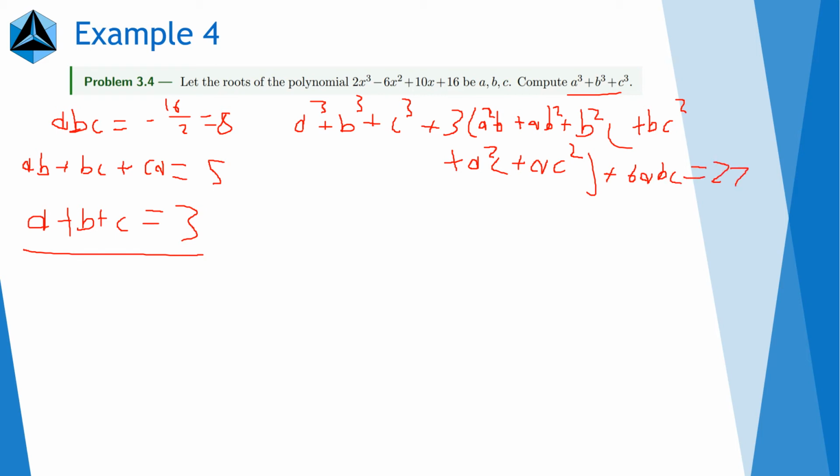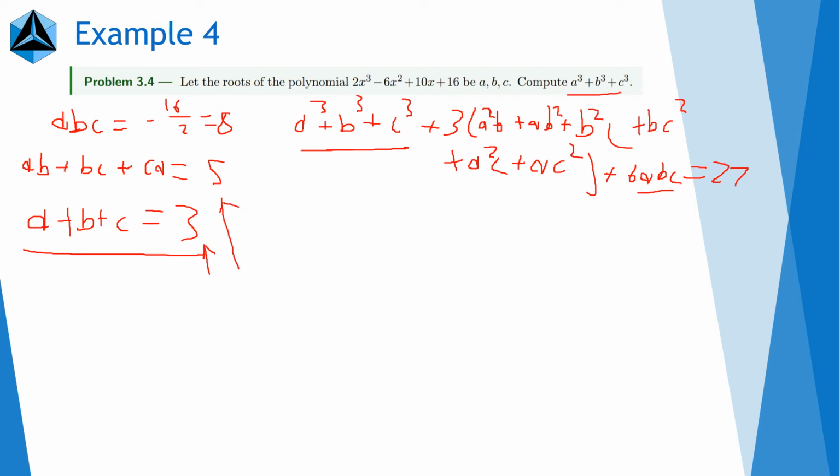If we notice, we have an a cubed plus b cubed plus c cubed here, which is nice. And we also have a 6abc here, which is also pretty nice because we know what that is equal to. That's equal to 8. So we just need to simplify this middle term here. How do we do that? We can try multiplying this formula here with this formula here.